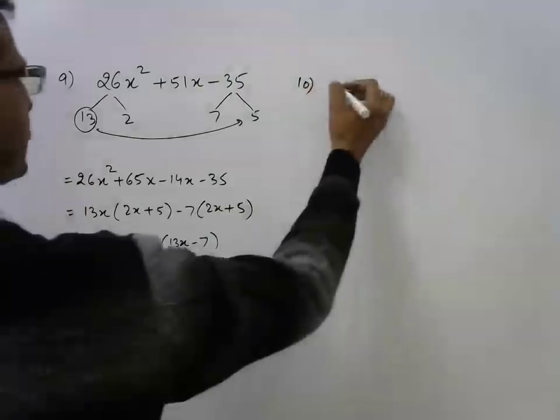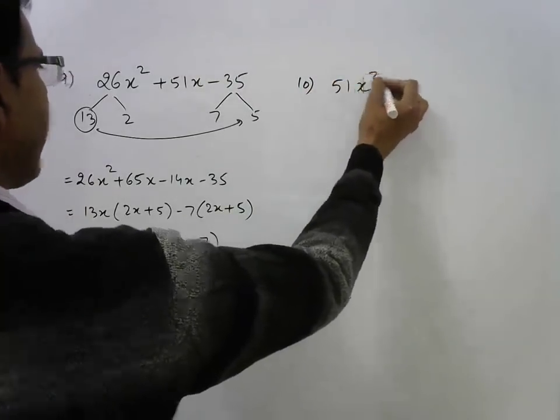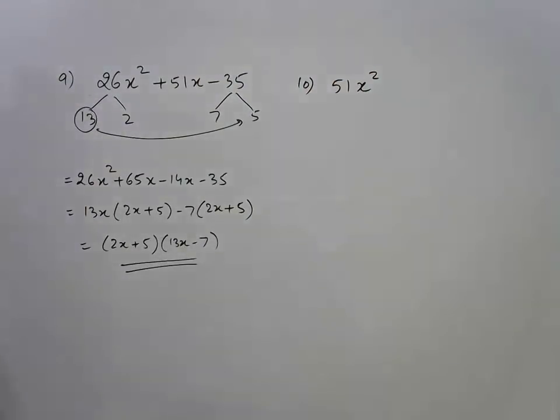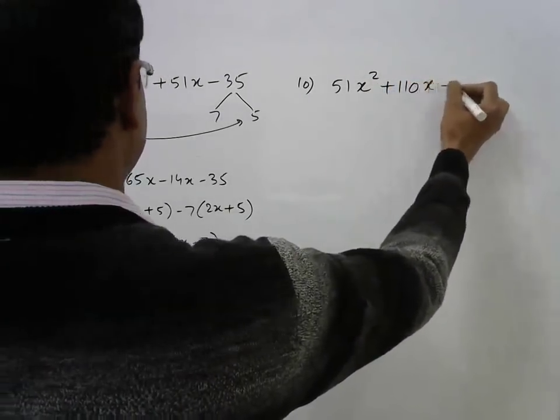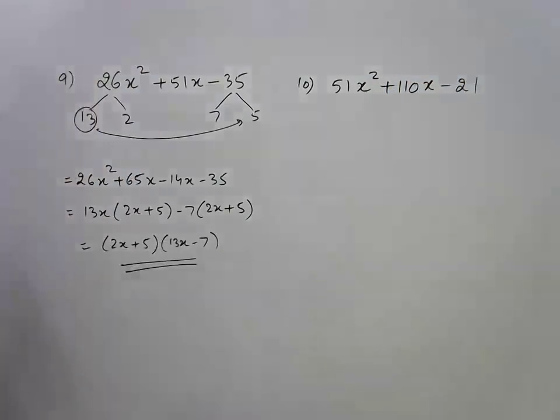I'm sure you will get this one. 51x square is a large number, don't worry. Plus 110x minus 21. So friends, a question which can scare anybody, but I am sure those who have seen the videos yesterday and today, they will get the answer very quickly.